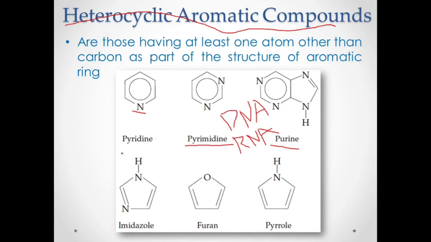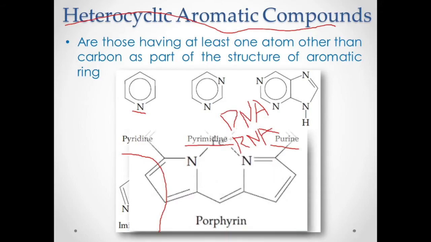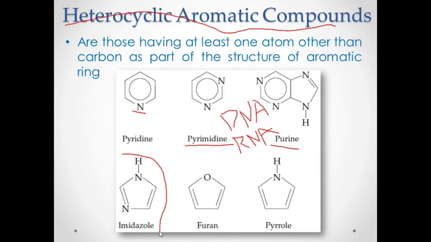Okay, imidazole. Imidazole is found in the structure of cimetidine. Cimetidine is a drug that is used to treat ulcer, so it contains an imidazole structure.